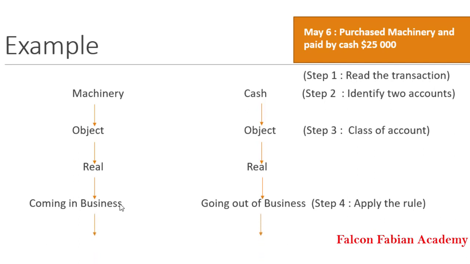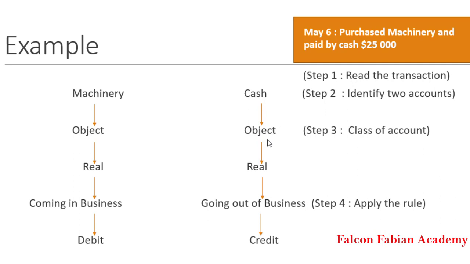And what was the rule? Debit what comes in. So machinery is coming in the business, so we are going to debit it, and credit what goes out of the business. So cash is going out of the business, therefore we need to credit it. So we read the transaction. We identified the two accounts, machinery and cash. Then we identified the class of account.